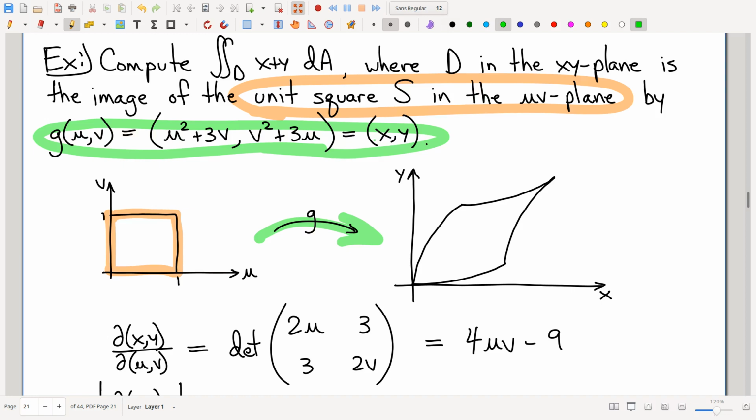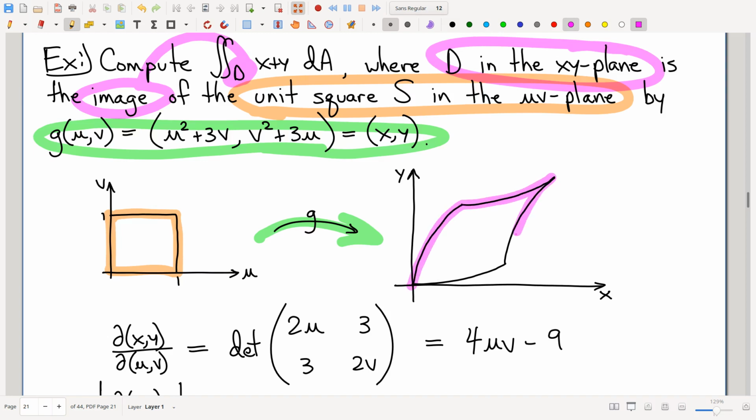What comes out, the image of what comes out, is what we're going to call D. That's the set over here in the xy plane. It ends up looking something kind of like that. And that is going to be the domain for my new integral that I want to compute. So that's the question at hand: to compute a certain integral over this domain on the right.